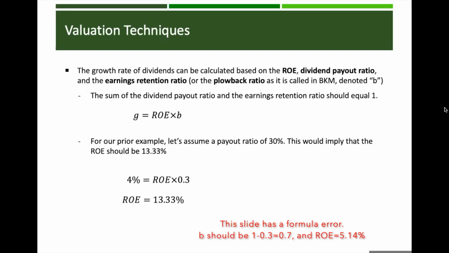So quick check, what would B equal in that case? Payout ratio is 25%. What's B?